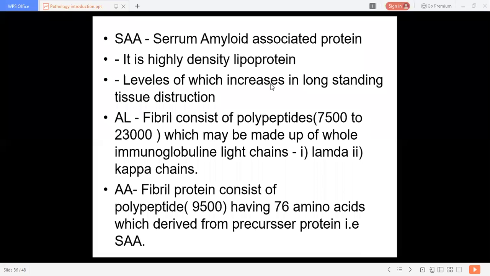Then amyloid associated protein: here the fibrillar protein consists of a polypeptide of 9,500 having 76 amino acids, derived from the precursor protein, that is serum amyloid associated protein.